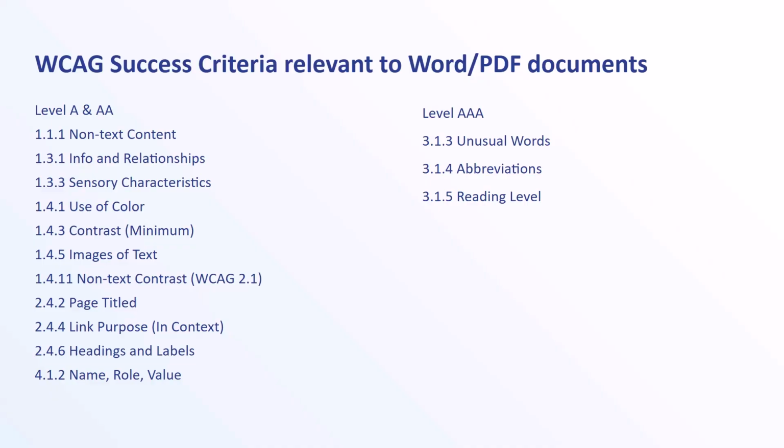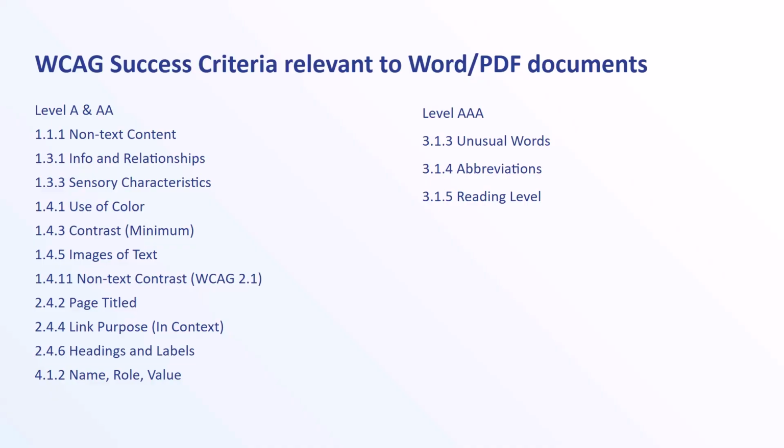WCAG 2.0 level single A and AA is what you need to meet right now, and coming up in April of next year, you'll be expected to meet WCAG 2.1 single A and AA. And so for documents, that would include the non-text content that refers to the text alternative section we were talking about earlier, info and relationships, that covers the headings we were looking at, sensory characteristics.